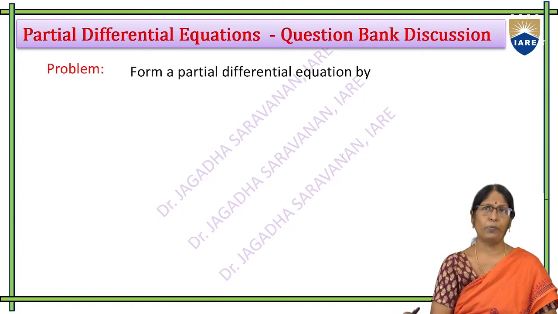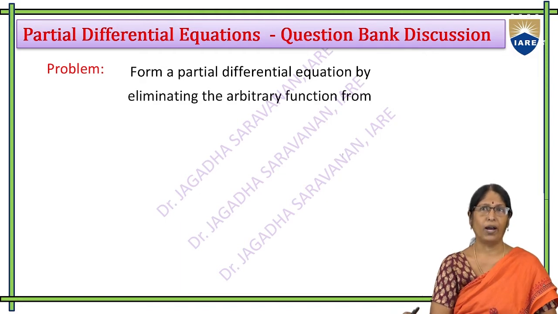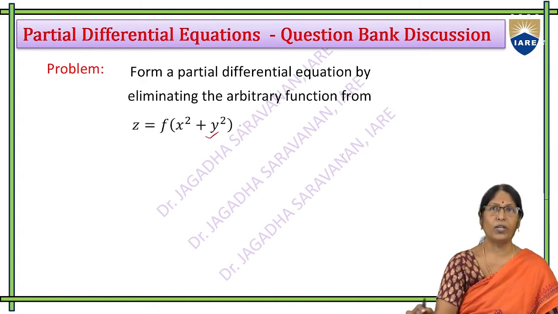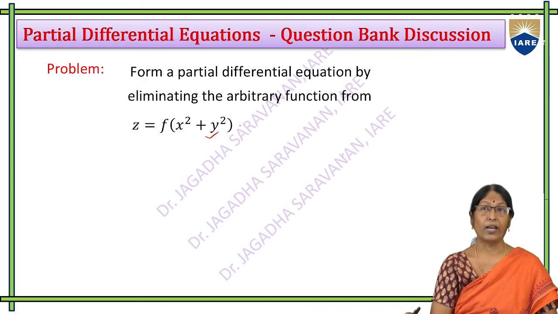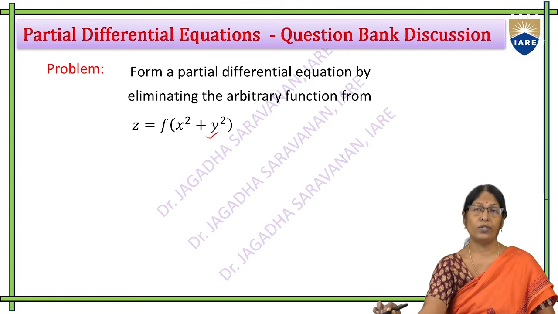The next problem is: form a partial differential equation by eliminating the arbitrary function from z equal to f of (x square plus y square). So far, what we have discussed is eliminating arbitrary constants, mainly with the P, Q notation, and we immediately obtained the result.